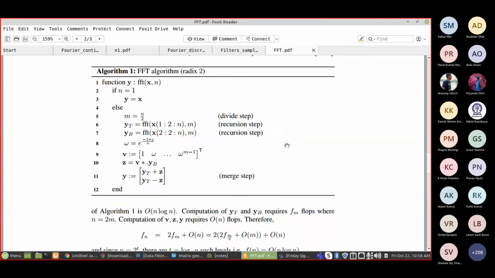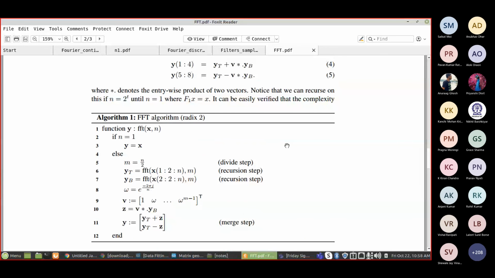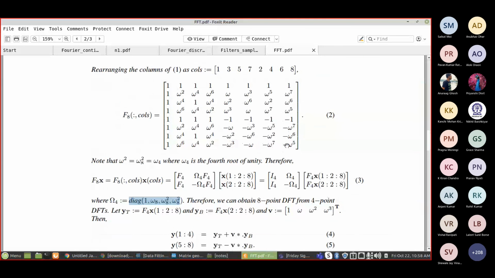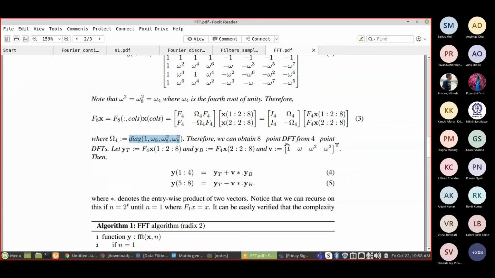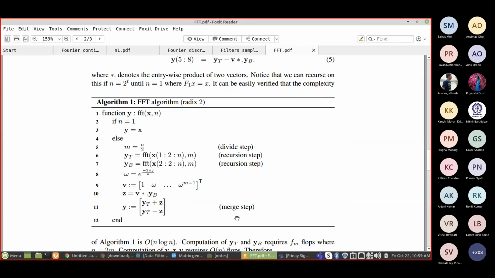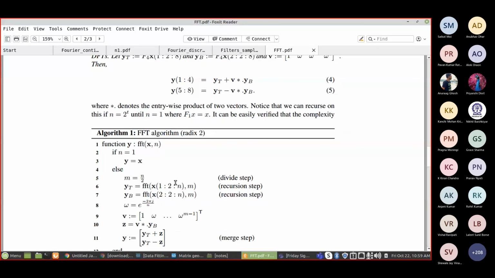This idea is what is known in algorithms as the divide and conquer strategy. Those who have seen merge sort can identify this strategy with the merge sort algorithm, where you divide your problem into smaller and smaller problems until you can divide no further, and then you put all the pieces together, and that is exactly the idea behind FFT.